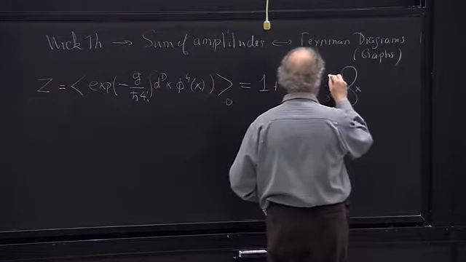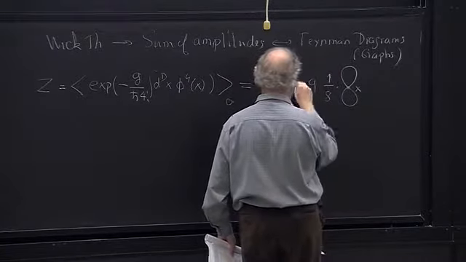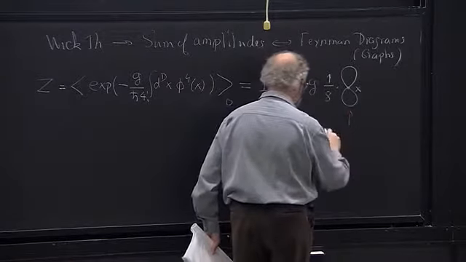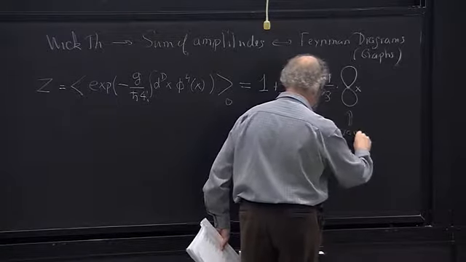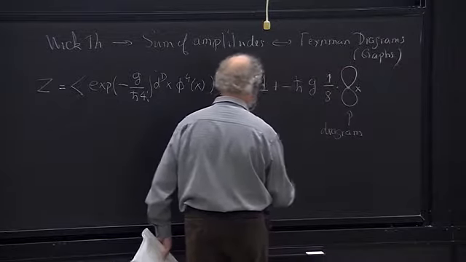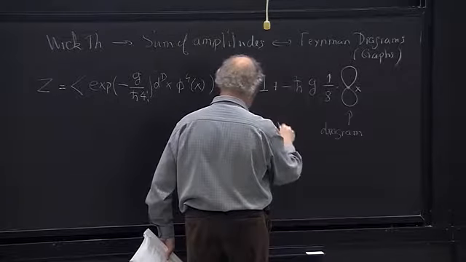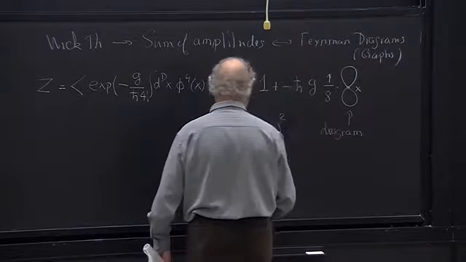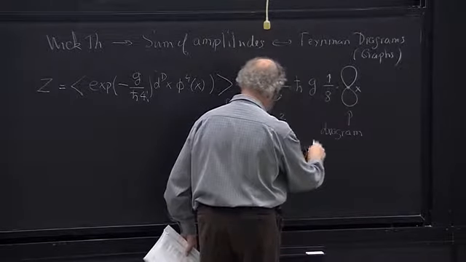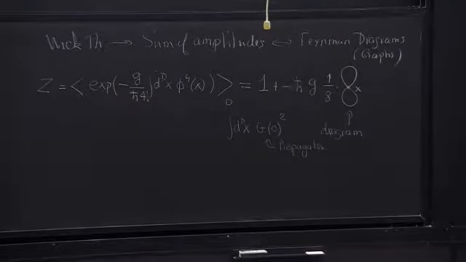And I have not written the h bar factor, but the h bar factor is there. Okay, and this diagram is the first example of a diagram. The amplitude associated to this diagram is just the integral d^dx G(0) squared, where G(0) is a propagator of the free field. Okay?